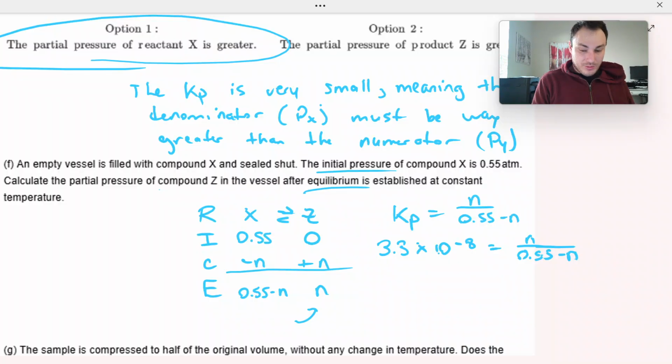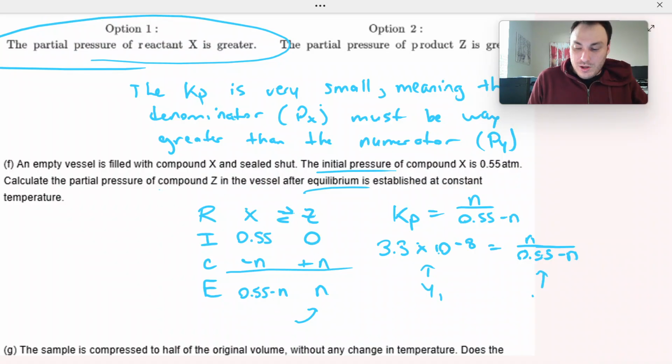So 3.3 times 10 to the negative 8th. And then for my y2, I'm going to do n, or x, divided by 0.55 minus x. What I'm doing is I'm graphing both of these in my graphing calculator.